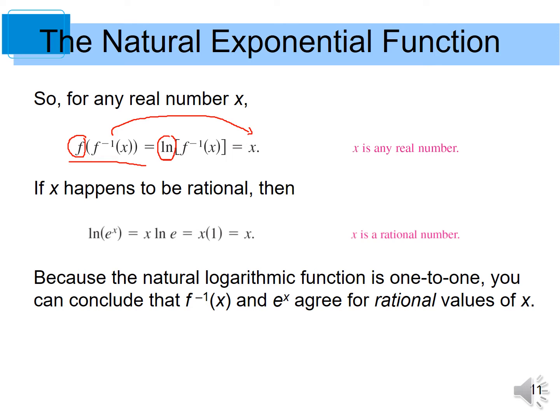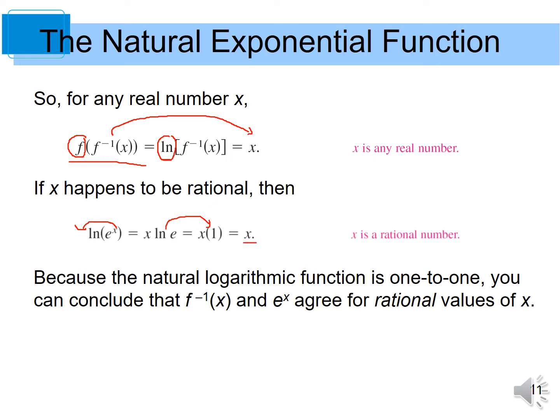Okay, look at this. Natural log of e to the x. So the power is x. We move the power to the front. So we have x times natural log of e. Then you can check your calculator. Natural log of e will produce 1.